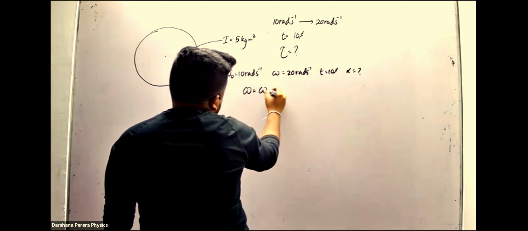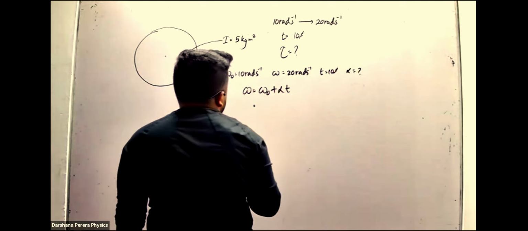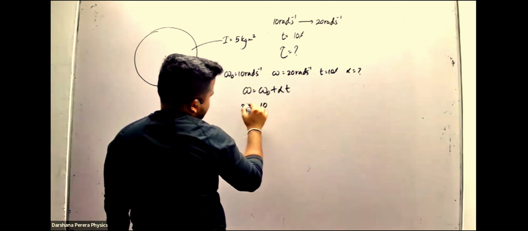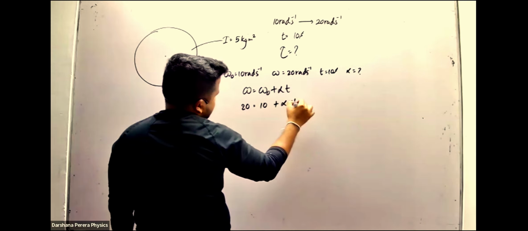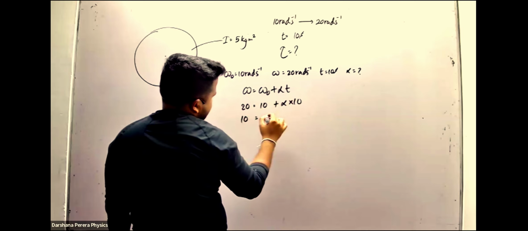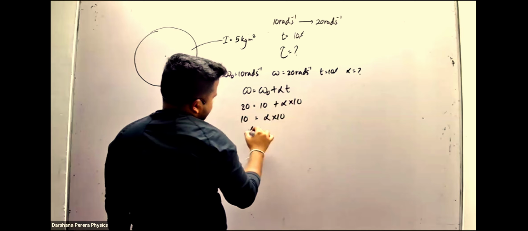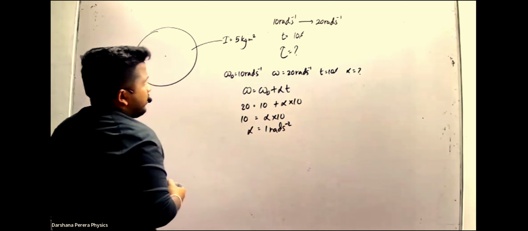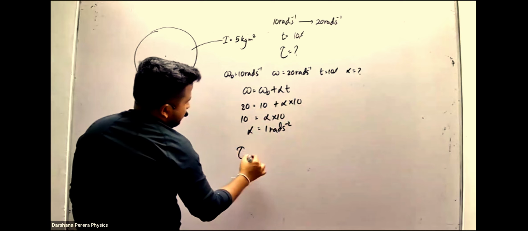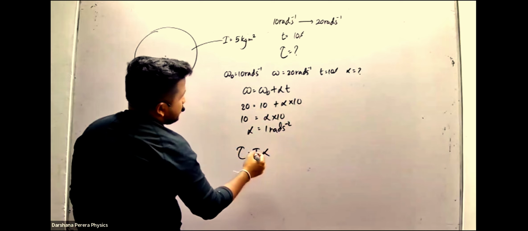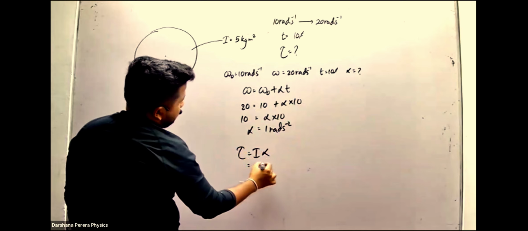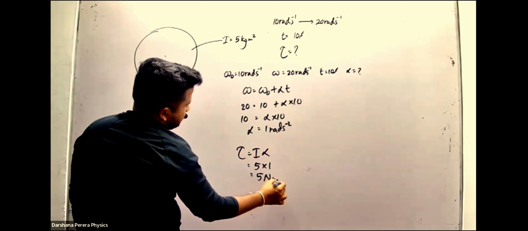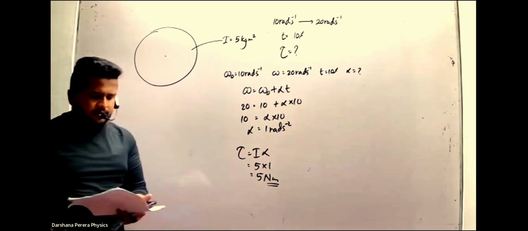Omega equals omega naught plus alpha t, so 20 equals 10 plus alpha into 10. That means 10 alpha equals 10, alpha equals 1 rad s minus 2. Then tau equals I alpha, I is 5, alpha is 1. Therefore 5 Newton meter.